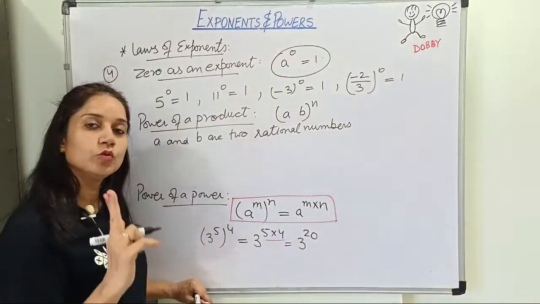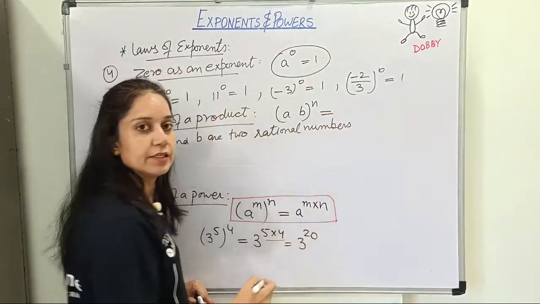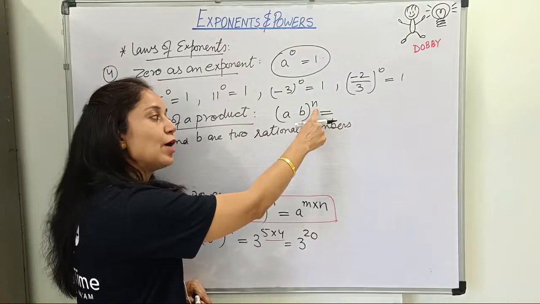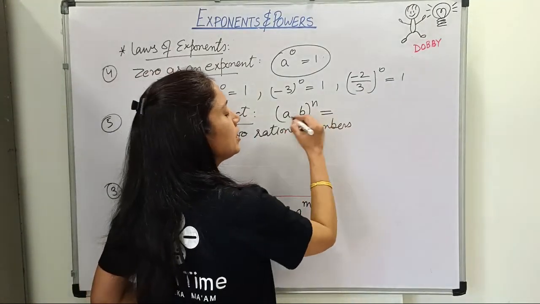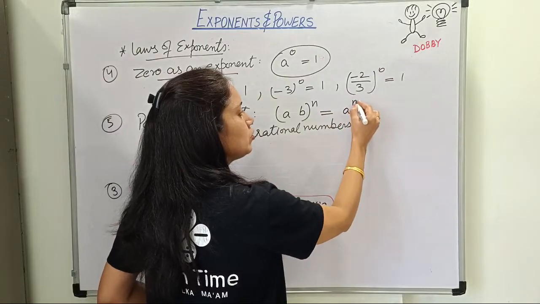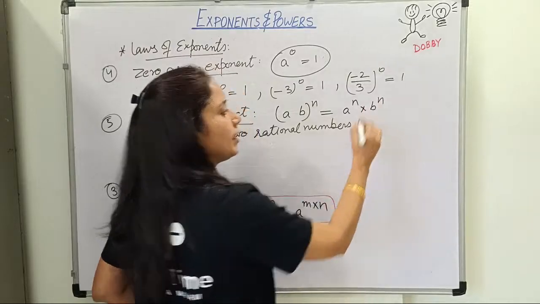So when two rational numbers are in product with the same power, this power is applicable to both A and B. That means we can write it as A raised to the power n multiplied by B raised to the power n.